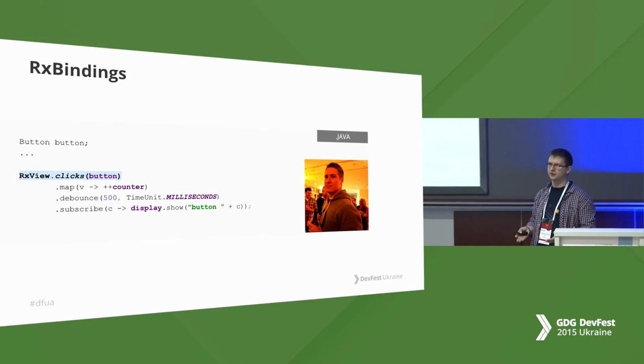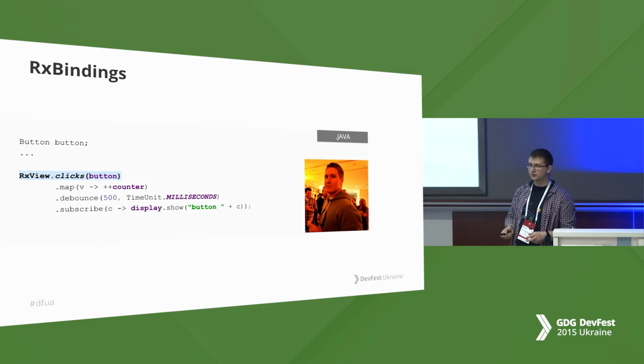But here is an Rx operator, debounce, that will filter clicks. If we click faster than half a second, we should receive on the subscribe only one event. It's good. And it's simple in writing the code.